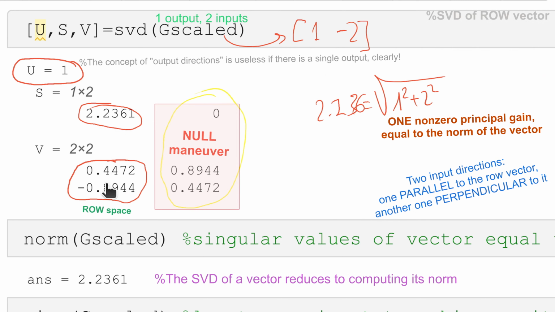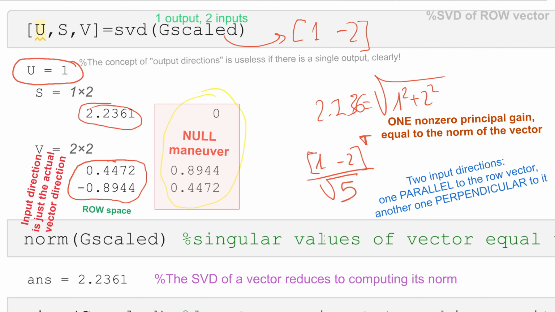And in fact, the principal maneuver is just dividing the vector by its norm. So it is the unit vector in the direction of 1 minus 2. As you can see, if I multiply 0.447 times 2, then I get 0.894. Well, of course, negative sign to keep the minus 2.